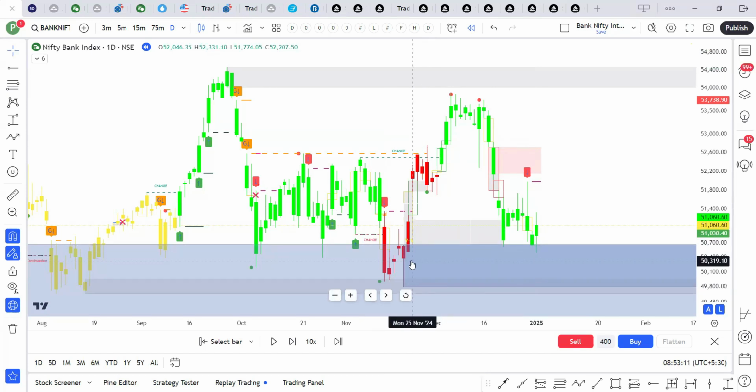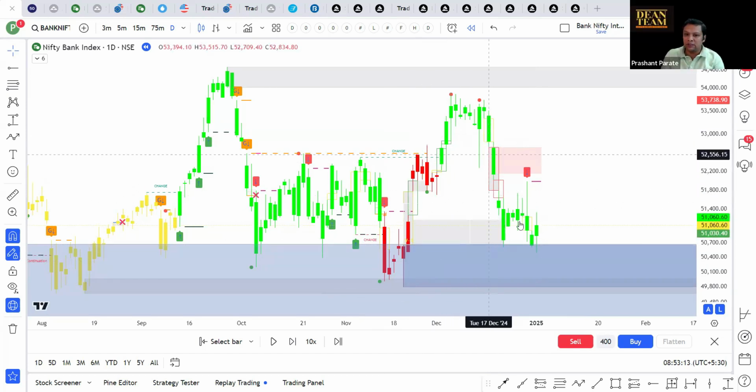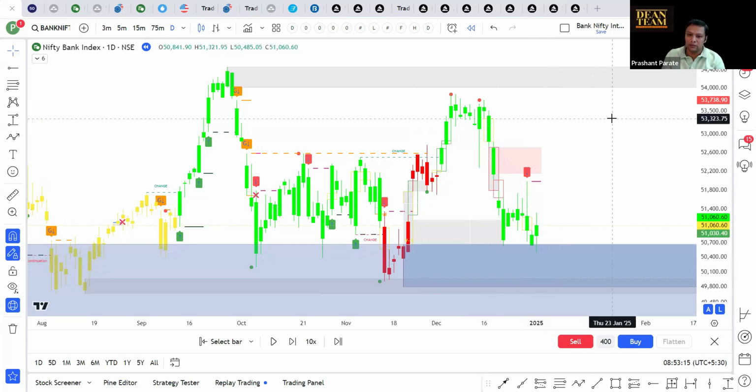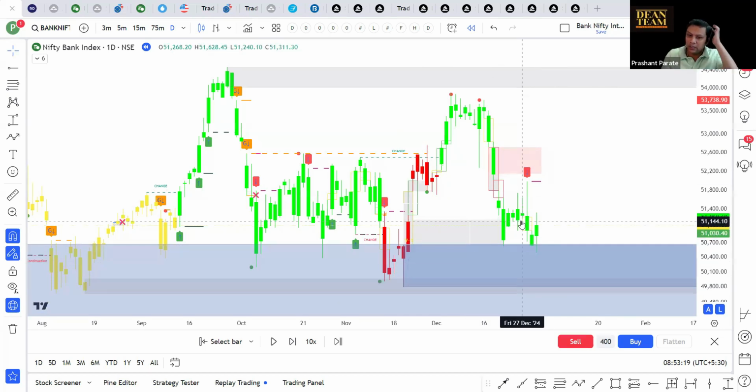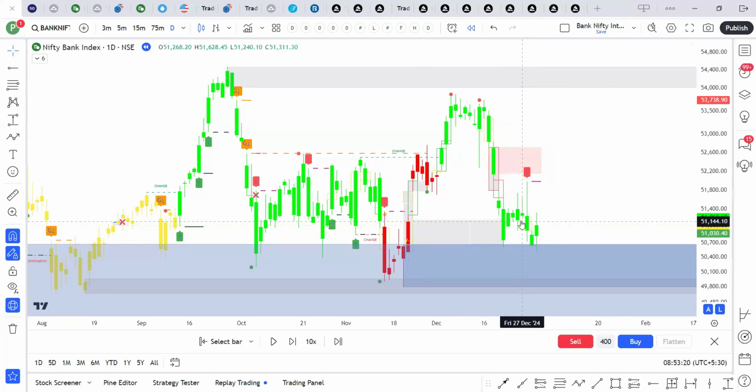Even if the 15-minute trend is down, it is likely that it will reverse. The daily chart will not get broken just because the 15-minute trend is down. And the other way around, if the daily chart is strong, it will not break. Then the 15-minute also will not break the daily buy area.